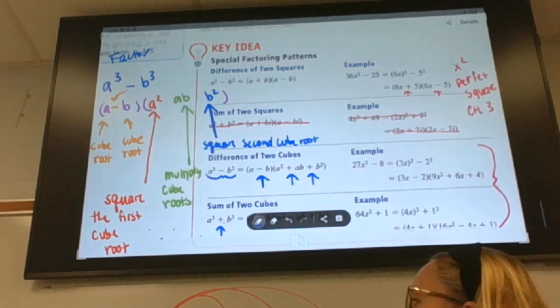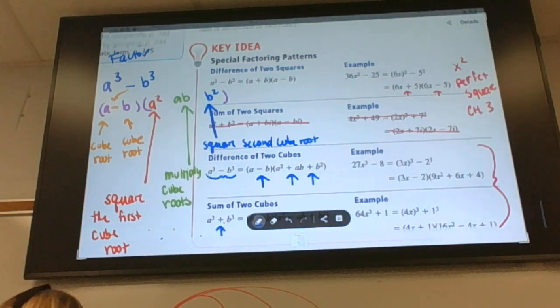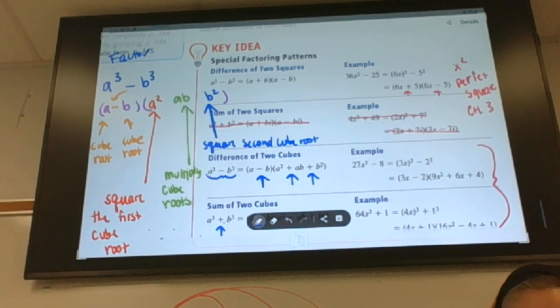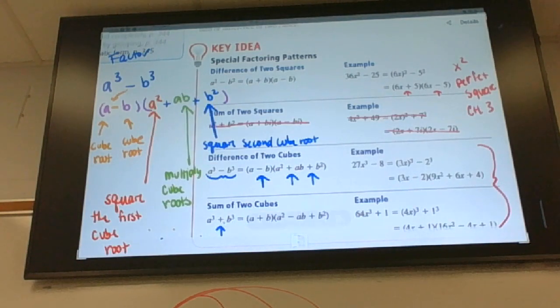So it's always a mix of signs. If you notice, one is plus, minus, plus. This one is minus, plus, plus. They have two different patterns, and the patterns you have to memorize. So this would be minus, plus, plus. You have to memorize the signs.